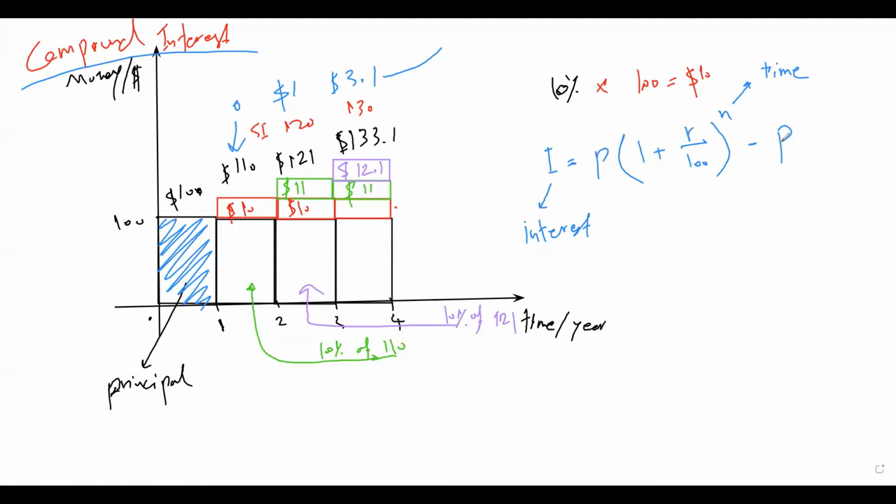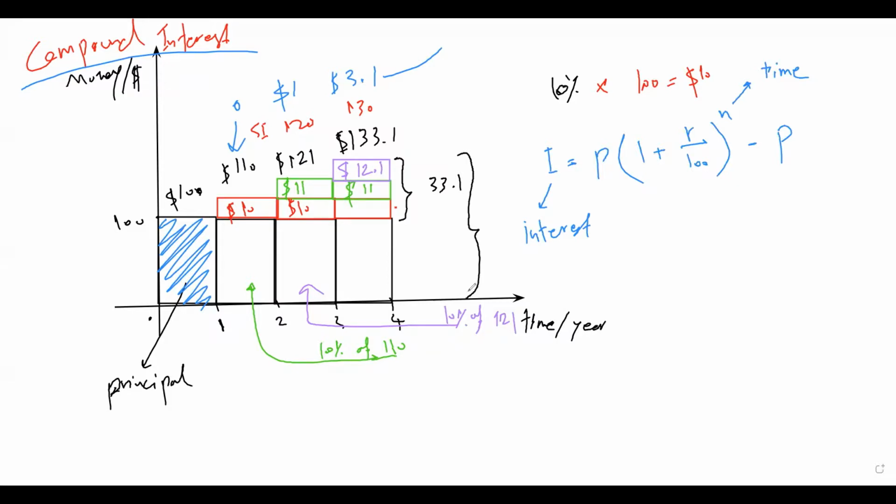Because sometimes the question is interested in finding the interest only, meaning they say at the end of year 4, how much interest is added to your principal. So they're basically interested in this amount, which is 33.1, or sometimes they say how much money you have at the end of year 4, which is this much, right?